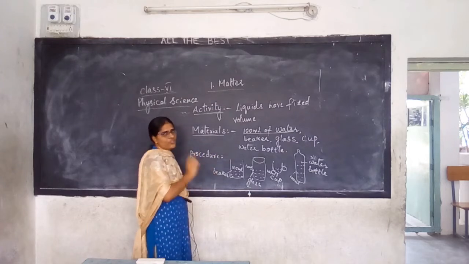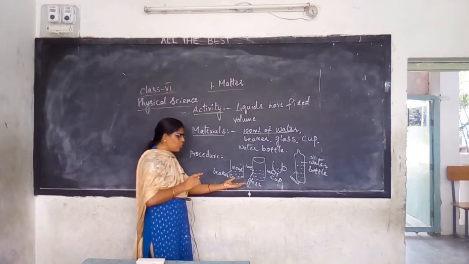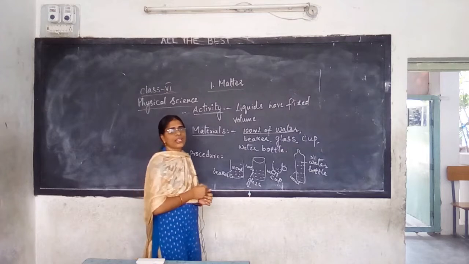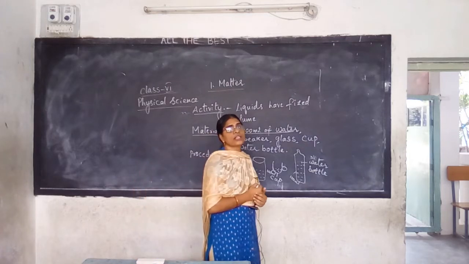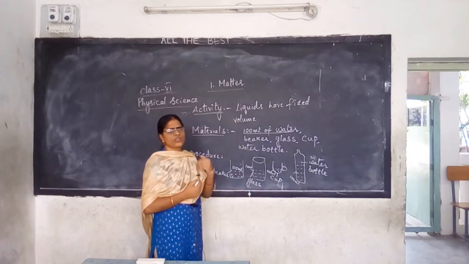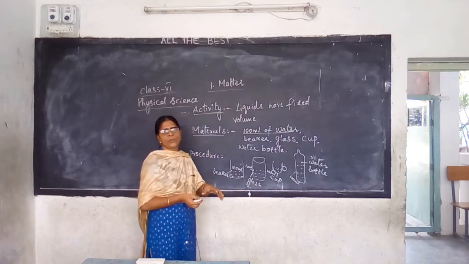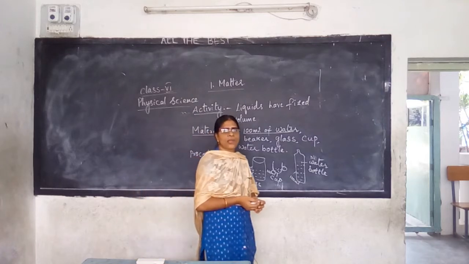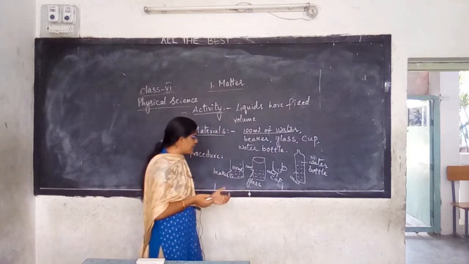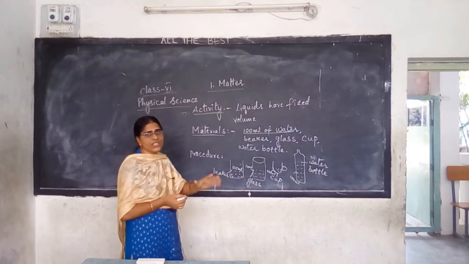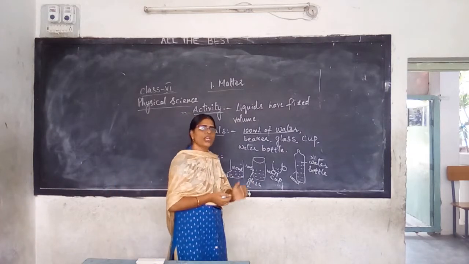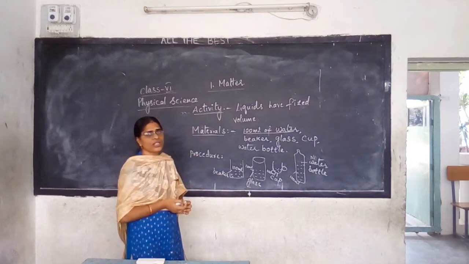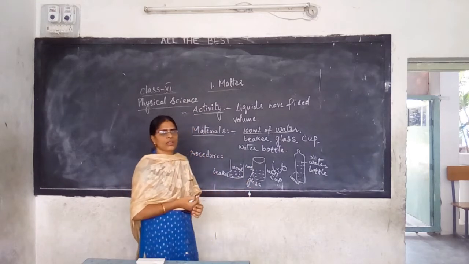Volume is fixed. But when you look at the shape, they are taking the shape of the container. Whichever container, if you fill it in a drum, the liquid will take the shape of the drum. Like this, in whichever thing you fill the liquid, it will take the shape of the same container.